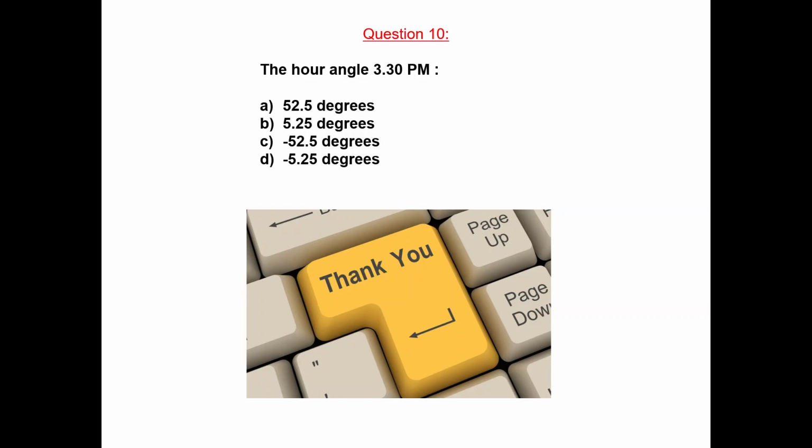Okay, so the last question of today's discussion class: the hour angle at 3:30 p.m. is, and the options are 52.5 degrees, 5.25 degrees, minus 52.5 degrees, and minus 5.25 degrees.